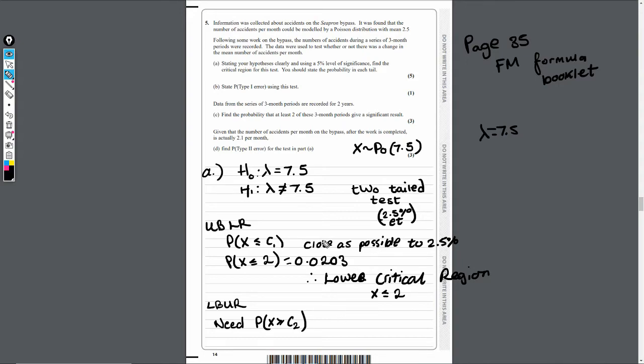And this again has to be as close as possible to 2.5%. Now, because this is X being greater than or equal to C2, what I'm going to have to consider is using the tables again. So again, page 35, and make sure you're going across with lambda equals 7.5. I need the region which is going to be closest to 2.5% again.